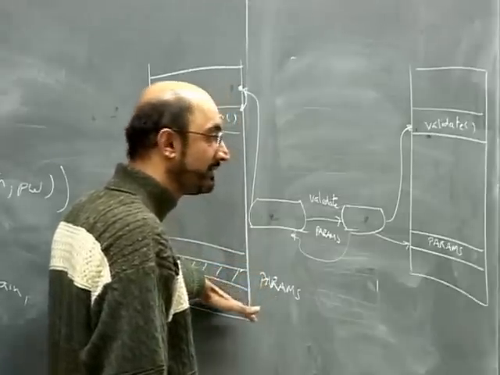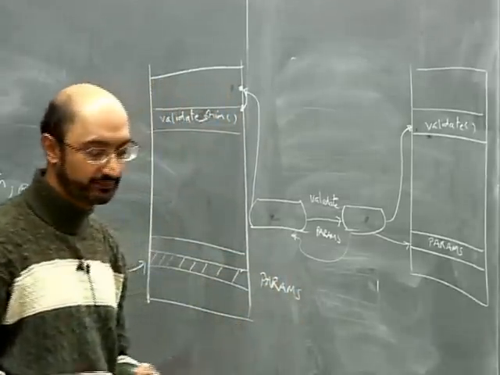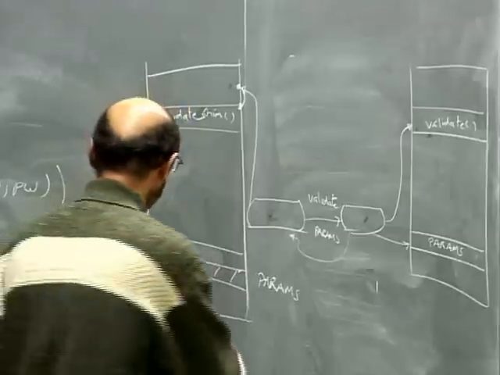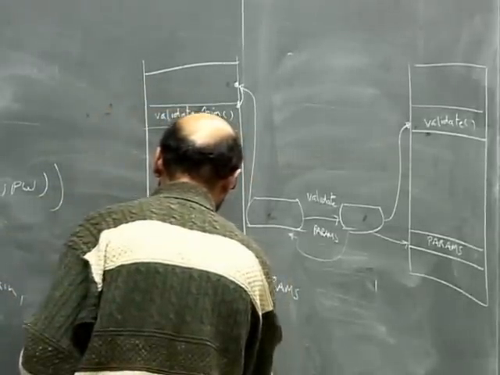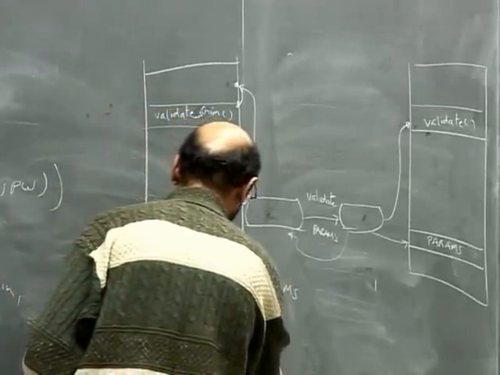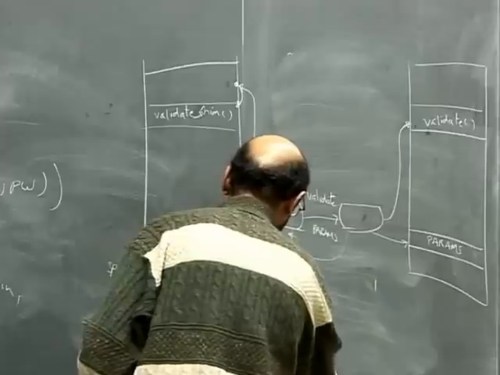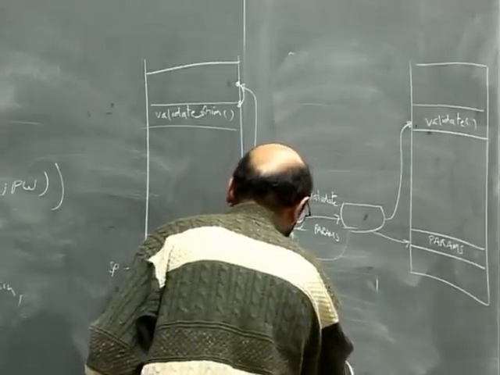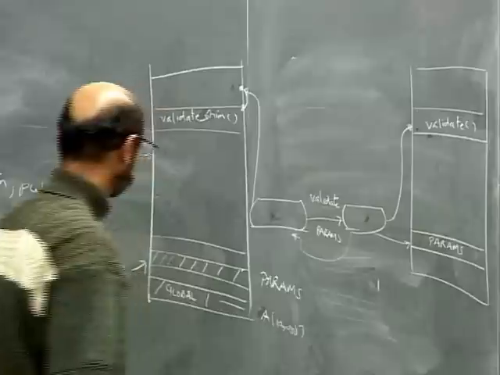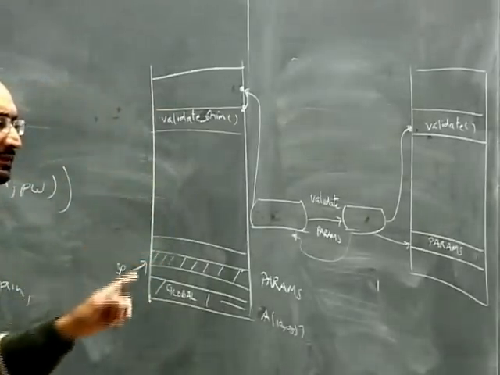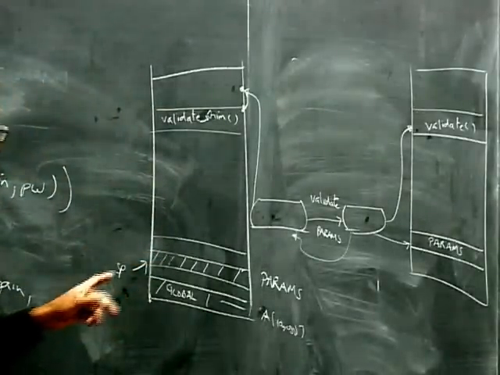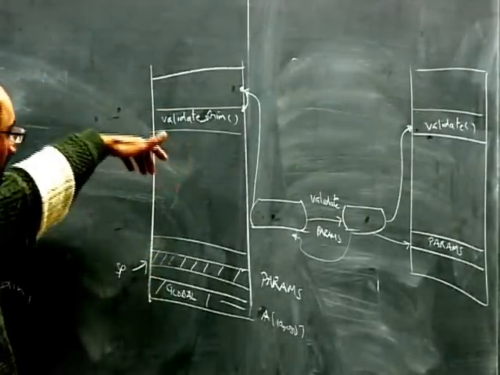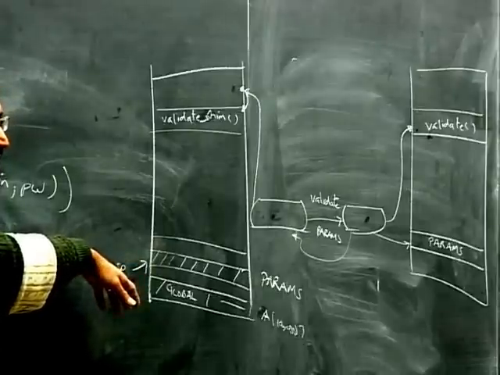So this may actually end in a very funny way. If these parameters are complex, let's say that you have in the global state an array of size 10,000, or 100,000 for the sake of argument. And you're referring to one element of that array, but you're passing as a parameter the pointer to the array.